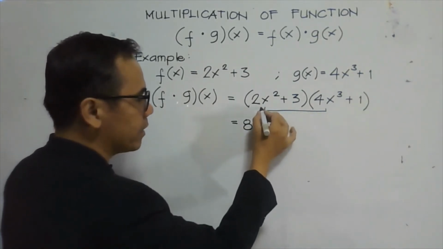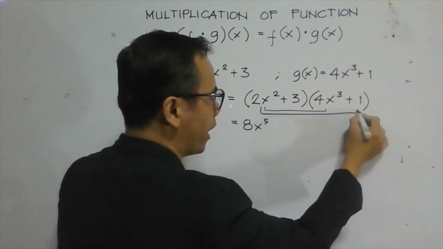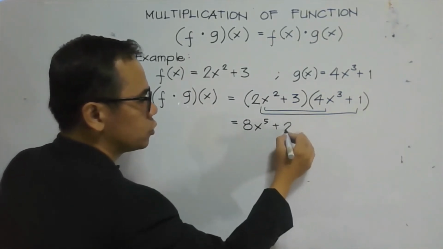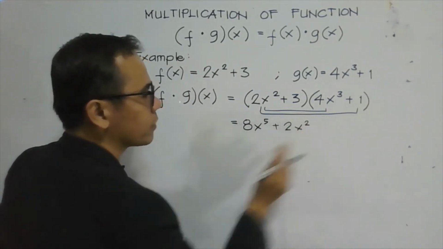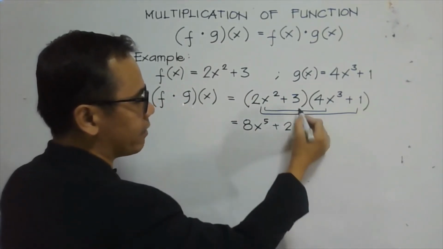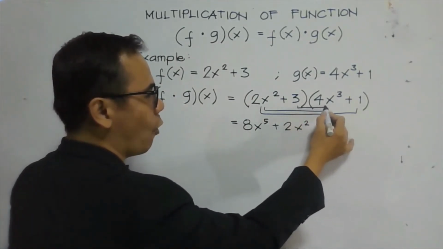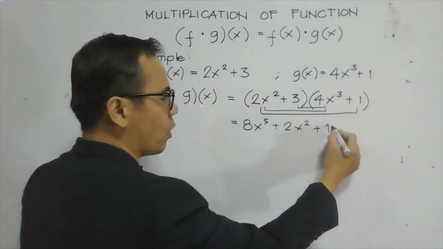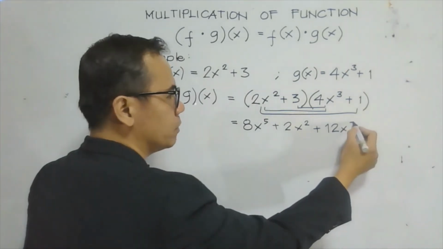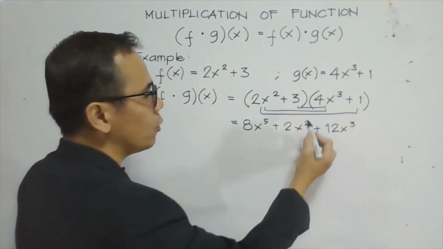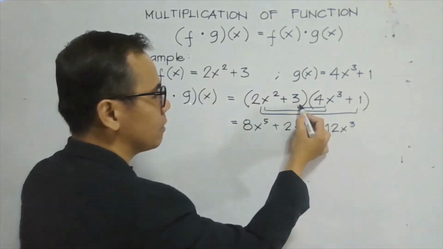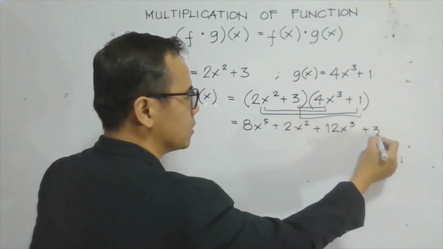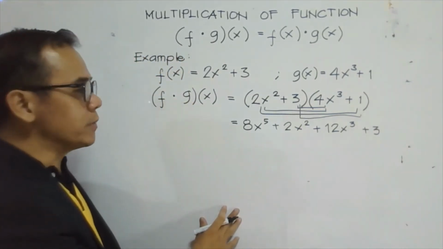Then let's multiply 2x squared with 1. So that is equal to 2x squared. And then we have to multiply 3 with 4x cubed. And that is equal to 4 times 3 is equal to 12x cubed. And then the last one, we have 3 multiplied by 1 is equal to 3. So let us now see if there are some similar terms that we can combine.